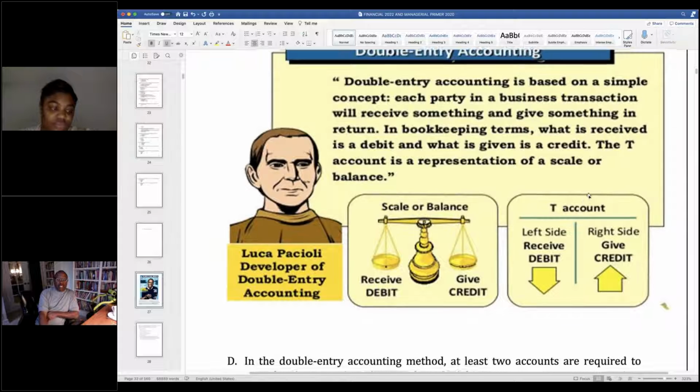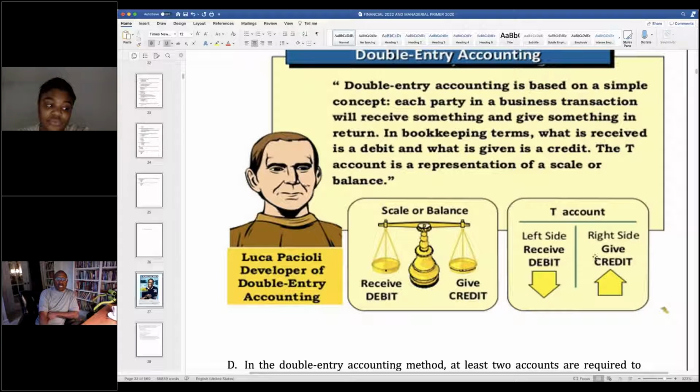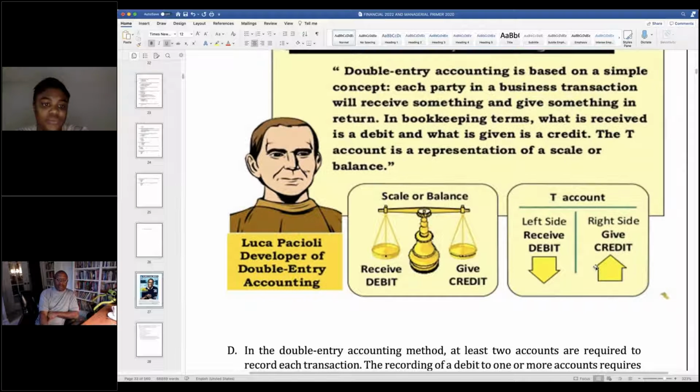We use double entry because in a transaction with someone in your business, when you receive something, it's a debit. When you give up something, it's a credit. In any transaction that happens, you get something, a debit. You give up something, that's the credit. Debit's on the left side, credit's on the right.